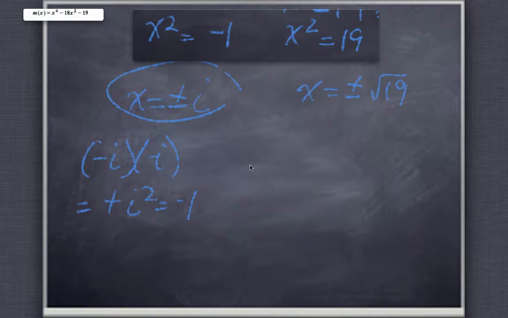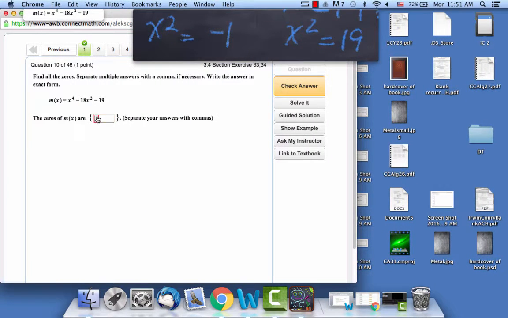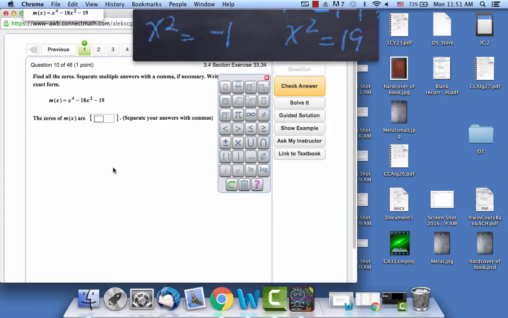So these are all of our zeros. So it's x minus i, x plus i, x minus root 19, x plus root 19. The question asked for the zeros, not for the factorization. So we're going to put i, negative i, square root of 19, negative square root of 19.